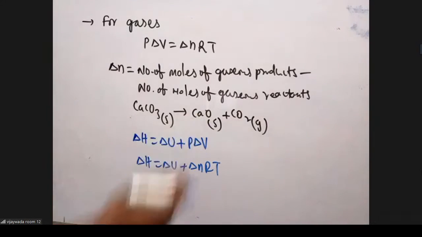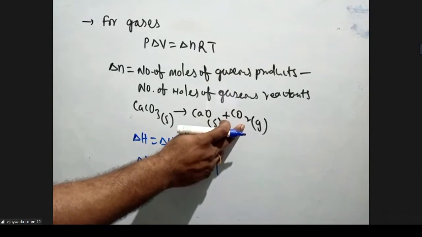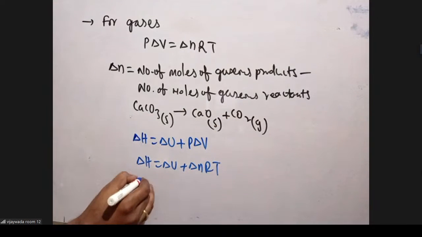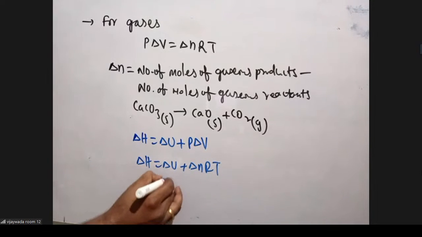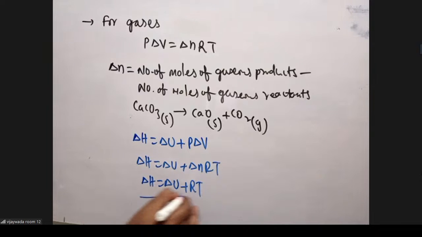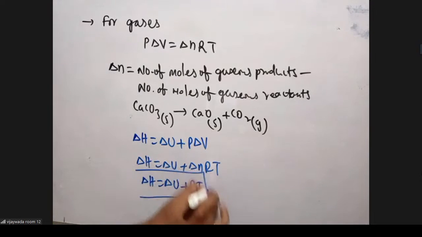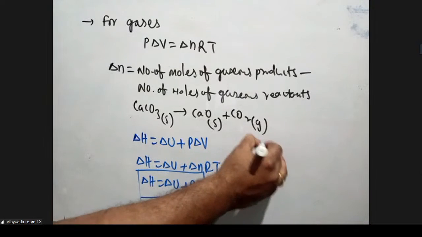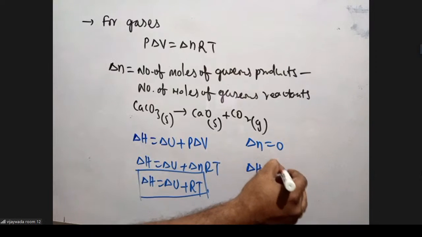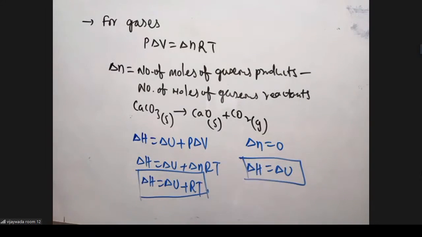Where delta N value, number of gaseous products 1, here reactants 0. So finally, delta H equal to delta U plus RT. So this is the relation between delta H and delta U. In case delta N equal to 0, then again delta H equal to delta U. Students, are you getting?